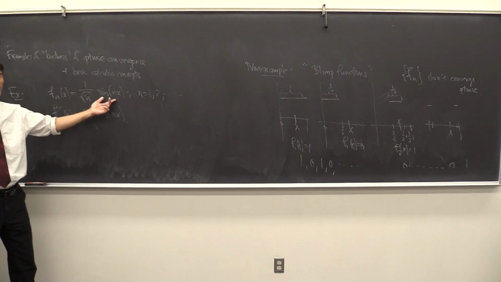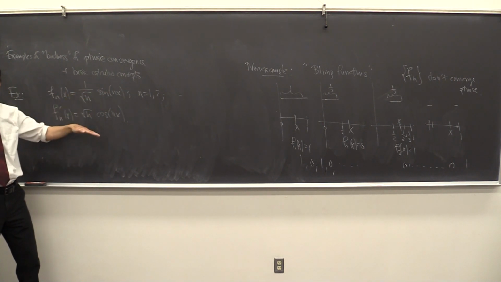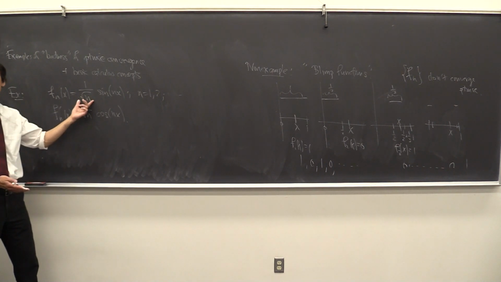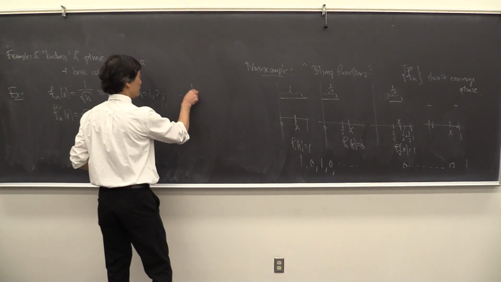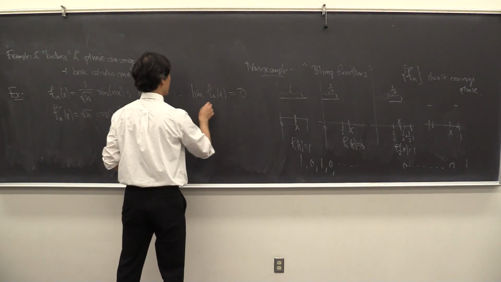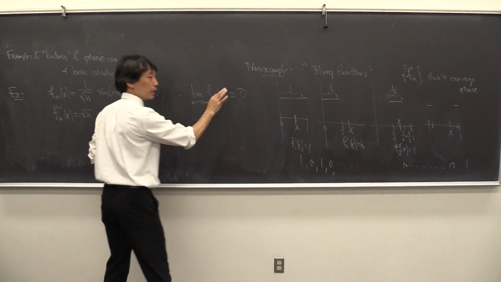Anne, go ahead. Is it going to go to 0? It's going to go to 0 because sine is trapped between -1 and 1. Sine is a bounded function, and the thing you're dividing by becomes huge. So the limit of f sub n of x is just the 0 function, constantly equal to 0.